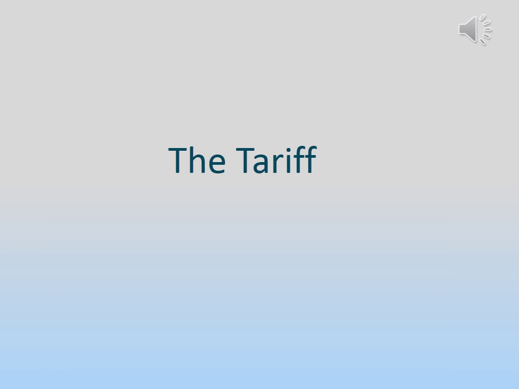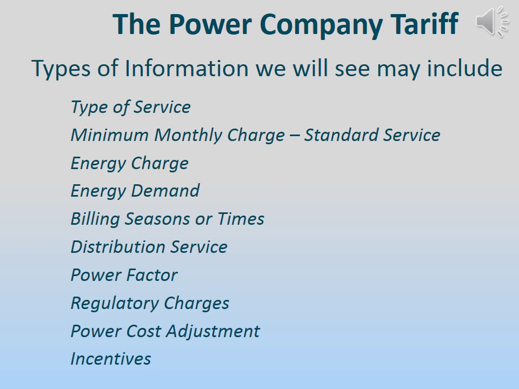The tariff. Most of this we have covered already. We want to look at the type of service we have, our minimum monthly charge, what our standard services are, the energy charge, energy demand, billing seasons or times, distribution service charges, if there is a power factor, regulatory charges, and power cost adjustments and incentives.